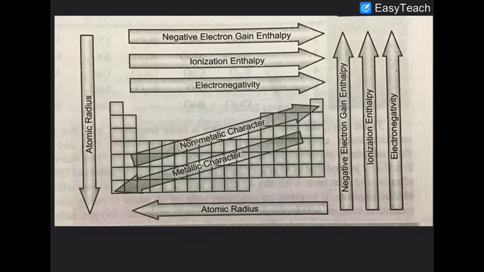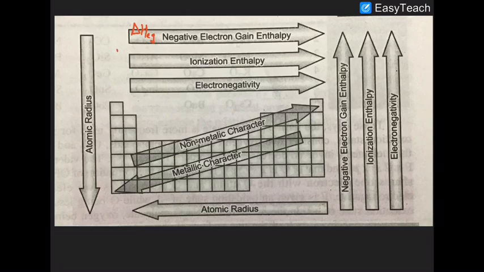Now if you look at the various properties, how would you choose? Electron gain enthalpy. It will increase from left to right in a period.